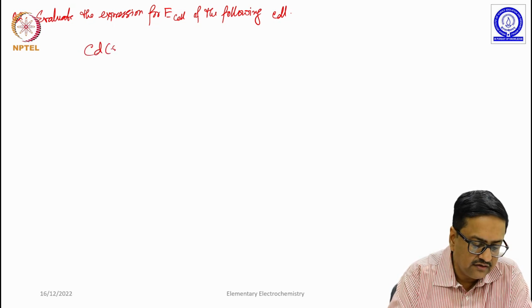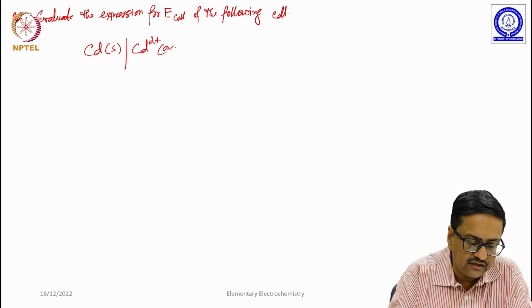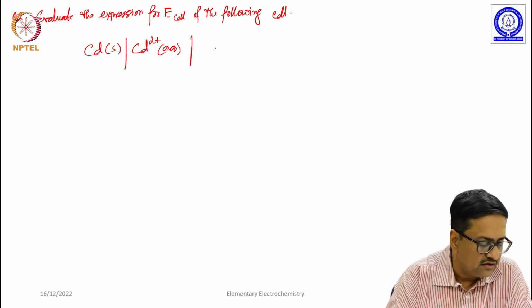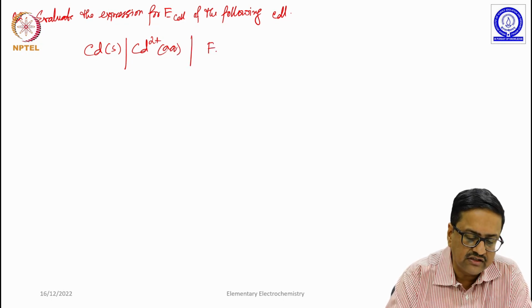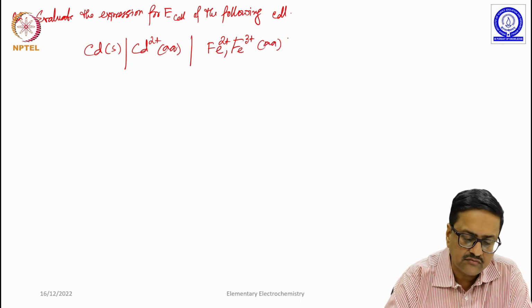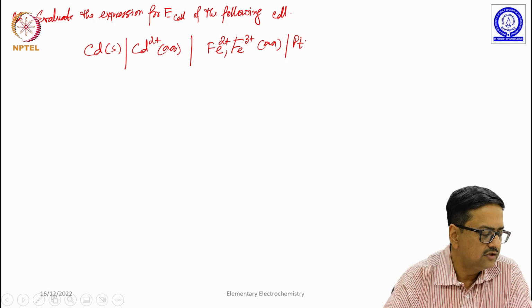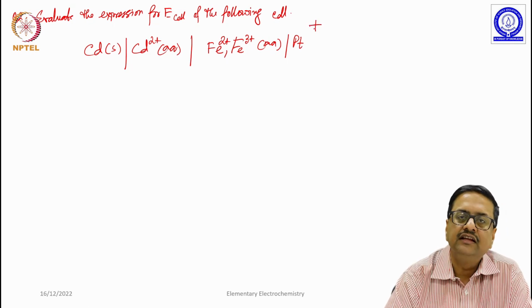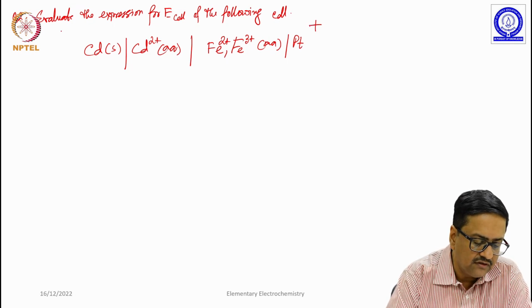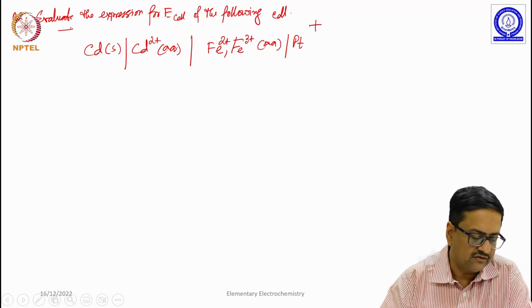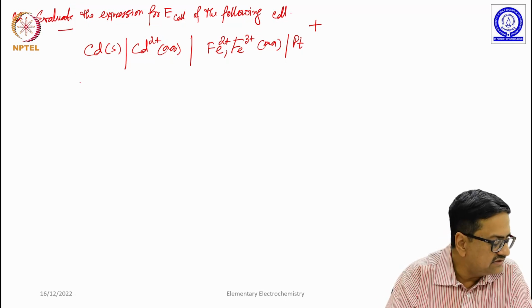Cadmium solid is in equilibrium with cadmium 2 plus in aqueous medium, in connection with Fe2 plus, Fe3 plus in aqueous medium with platinum as electrode. And here this side is the positive electrode, and the left side is negative.